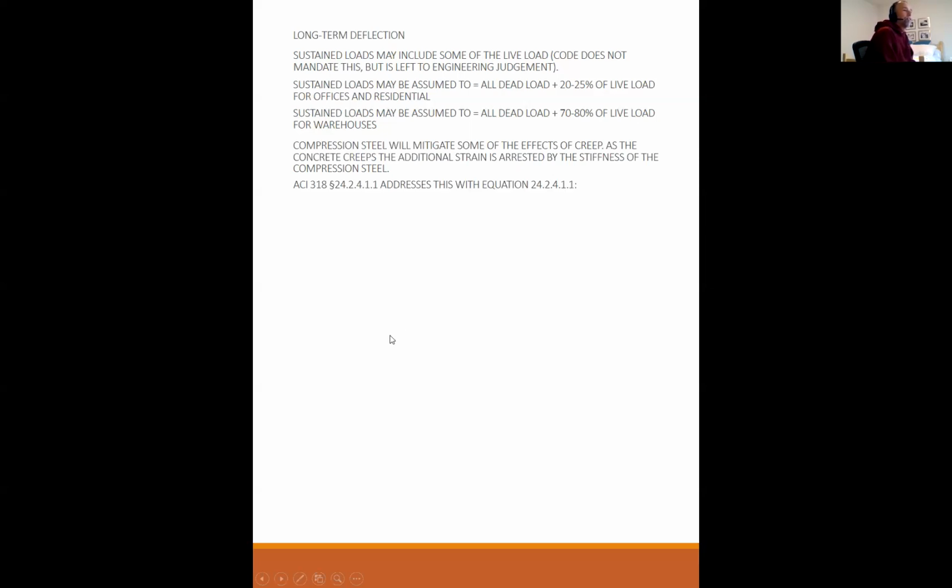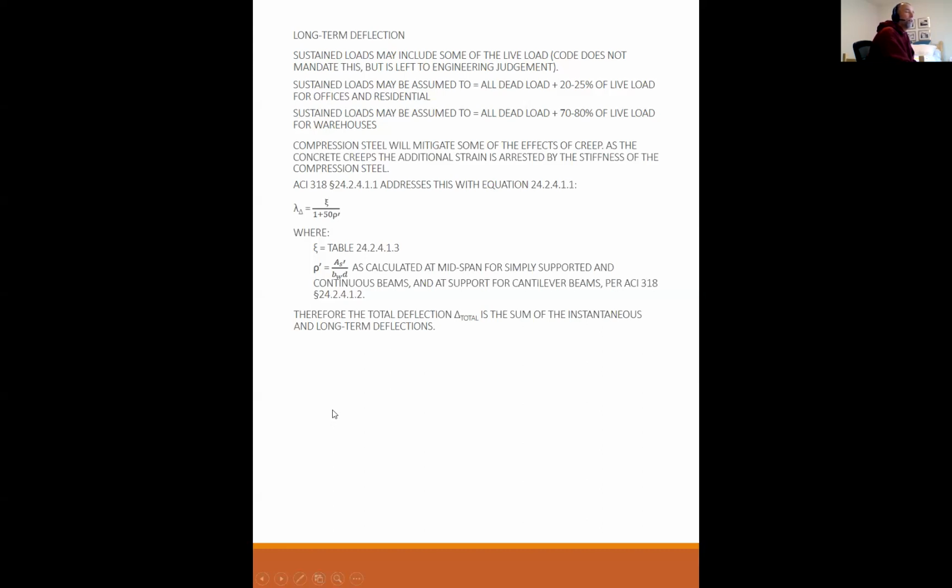ACI section 24.2.4.1.1 addresses this with equation 24.2.4.1.1, where lambda delta is equal to psi over 1 plus 50 rho prime, where psi is from table 24.2.4.1.3, and rho prime is As prime over b_w d, as calculated at midspan for simply supported and continuous beams, and at the supports for cantilever beams per ACI 318 section 24.2.4.1.2.